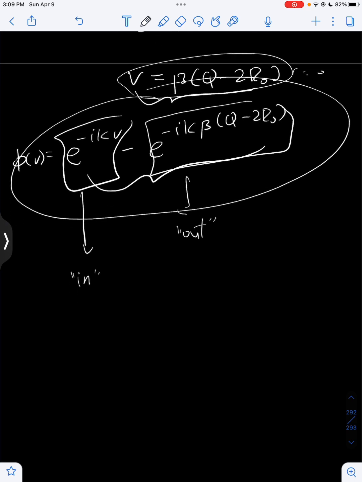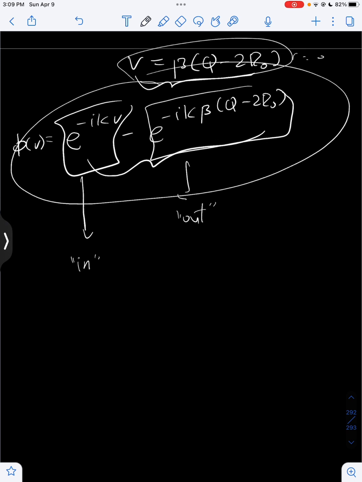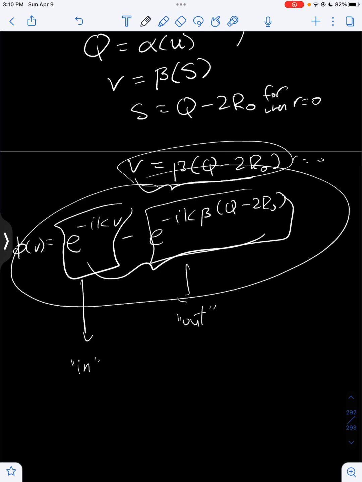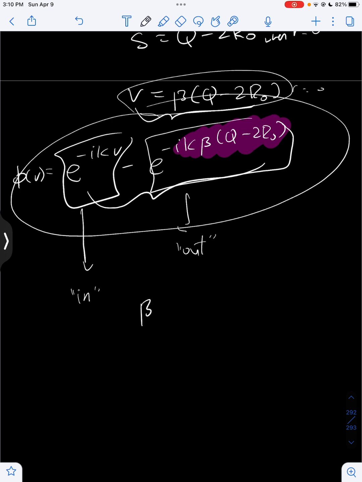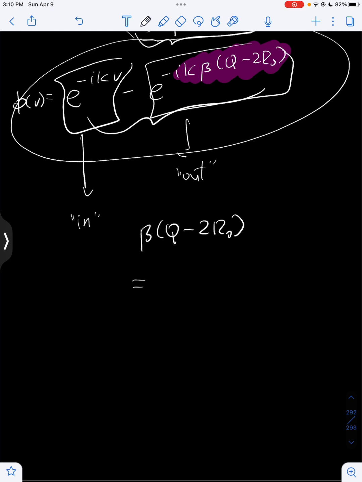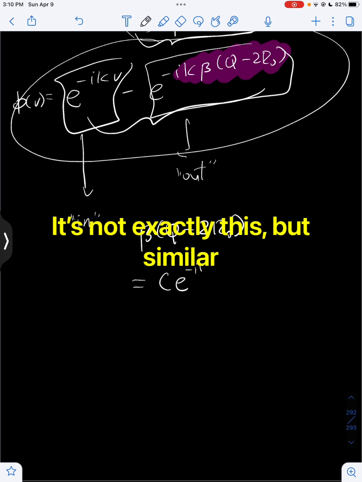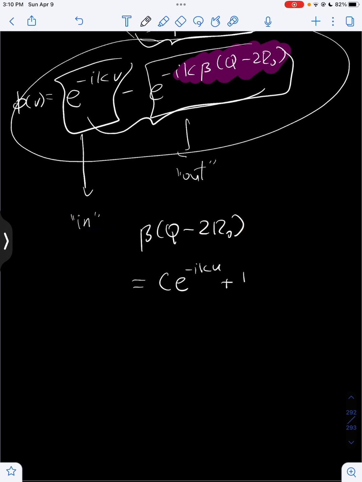So essentially what's going on here is that by doing some more number crunching, we'll find out that this term over here is actually going to be a redshift term. In fact, beta of Q minus 2 R naught is going to be equal to something like, going from memory, c e to the minus iku plus d.